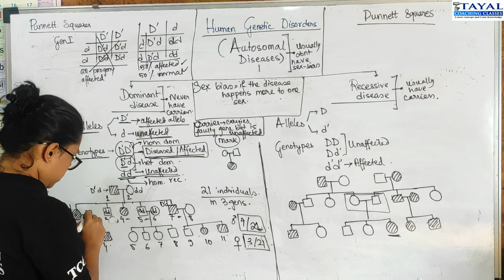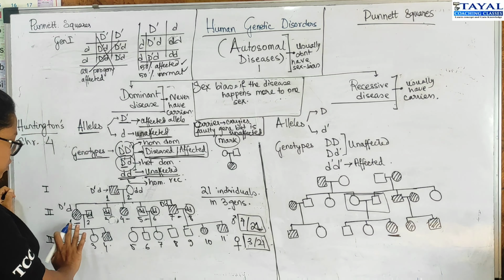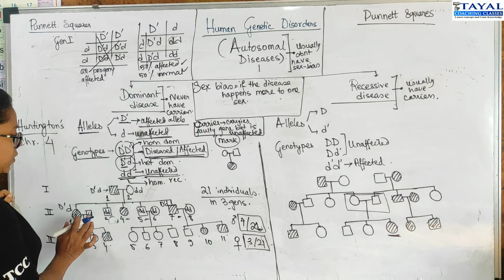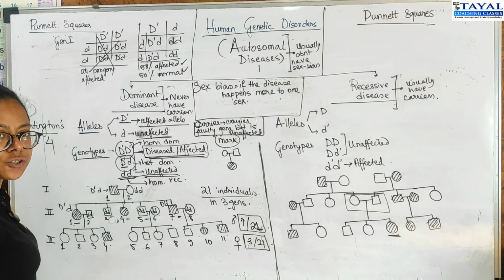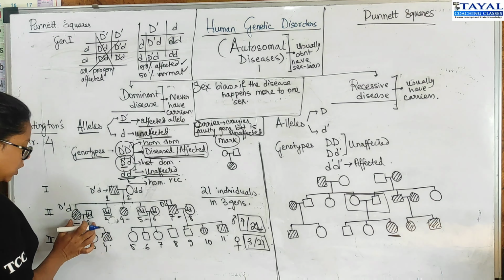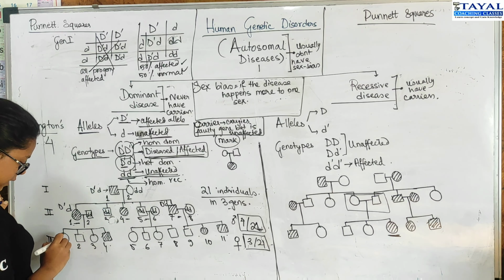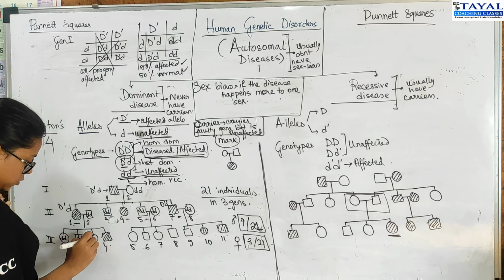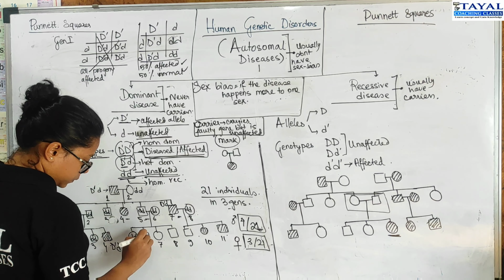Again, the normal individuals are all small d. And similarly in the next generation, because the cross stays the same again. It's almost identical. We do not need to check for sex X or Y linked preferences. Therefore, the same cross will go on for Gen 2 as well, where you would get these are all small d individuals. And this is the capital D, small d individual.